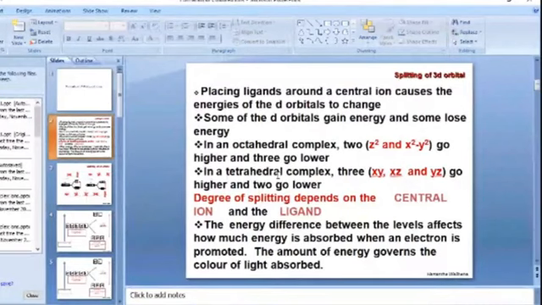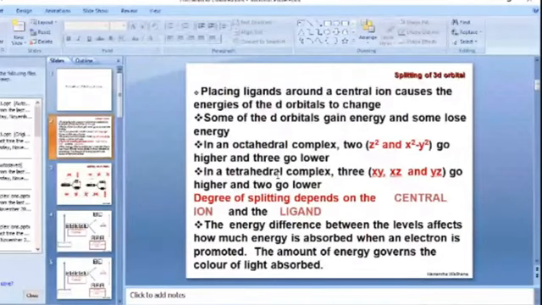Placing ligands around a central ion causes the energies of the d orbitals to change. We will be able to see this in the next slides. Some of the d orbitals gain energy and some lose energy. We will be able to see this pictorially.